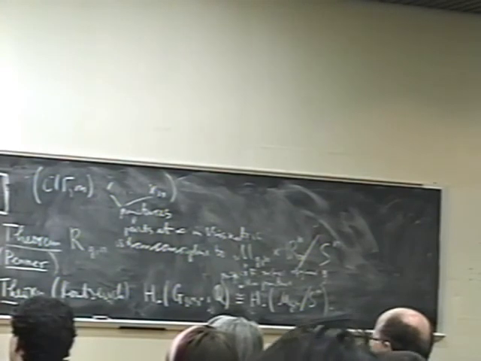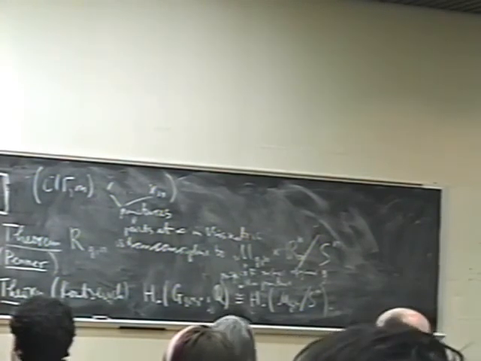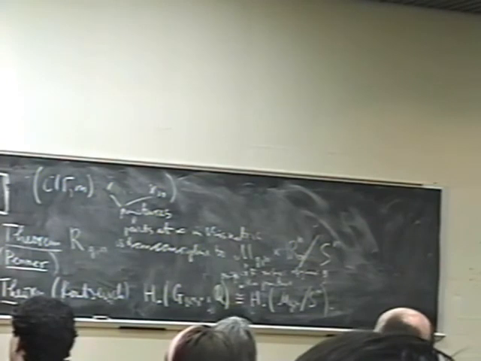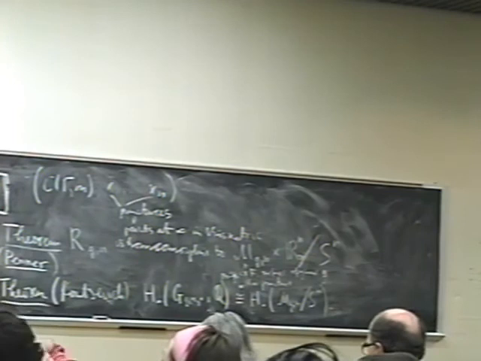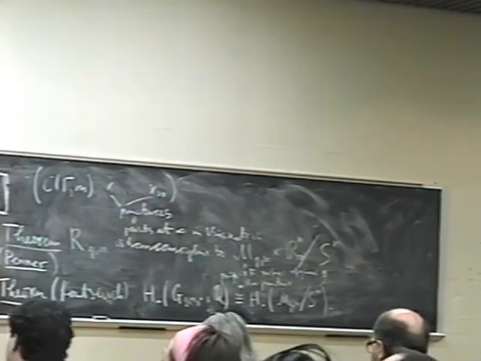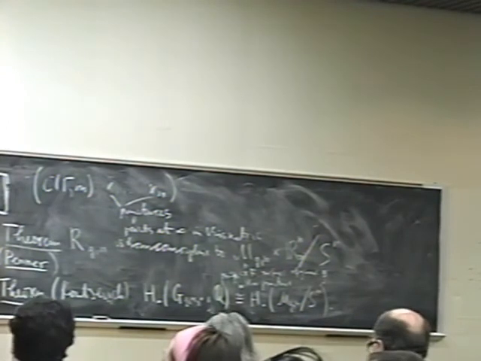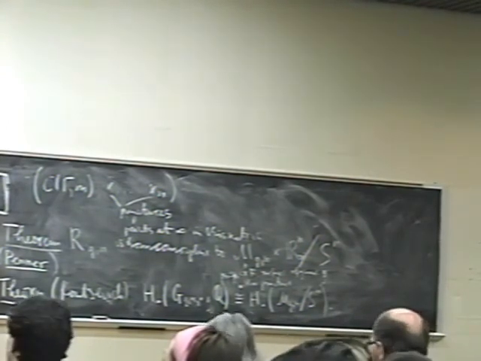So let C minus x1 through xn be a connected Riemann surface with n punctures, such that its Euler characteristic, if you remove those points, is negative.